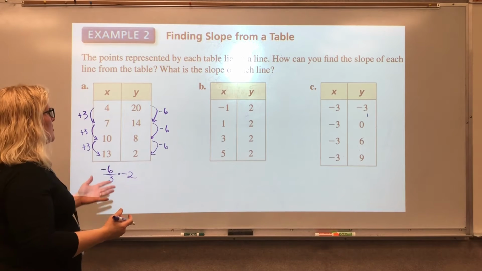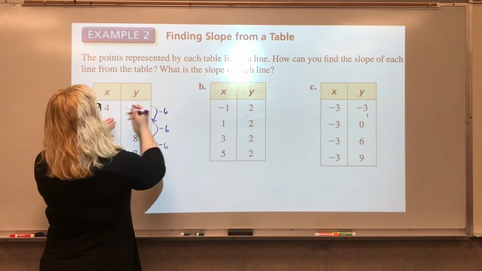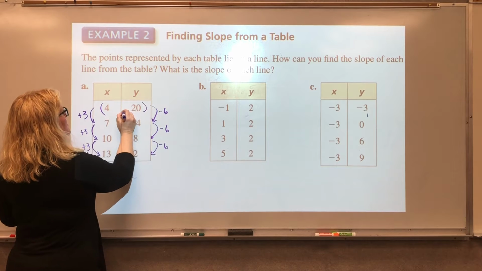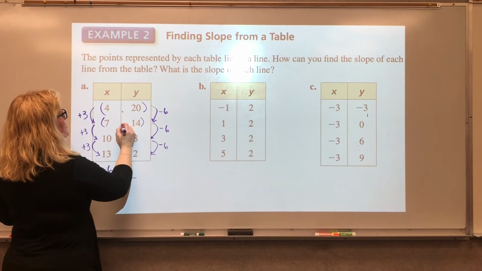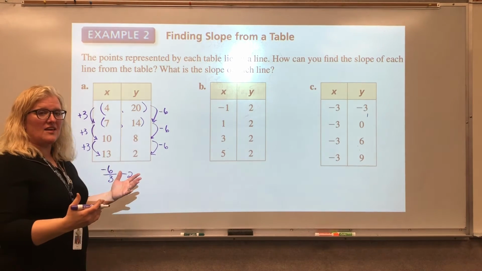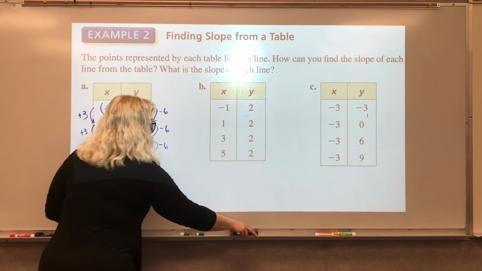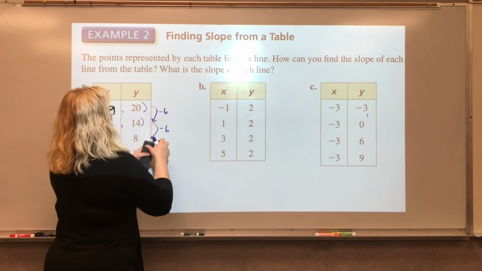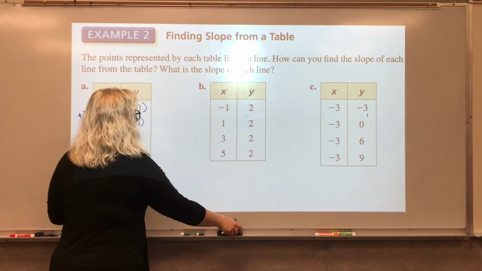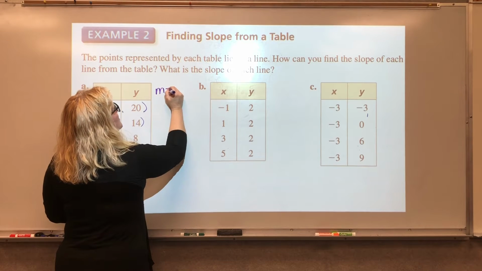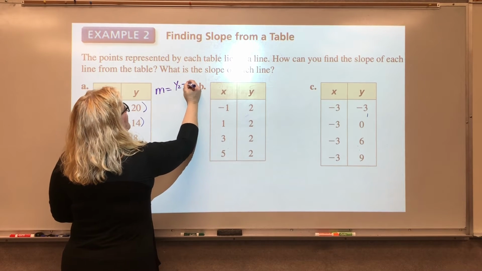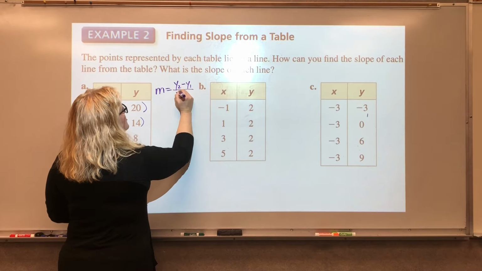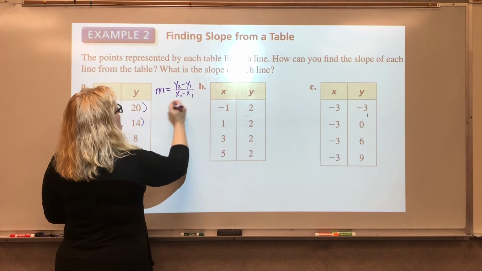Now another way that you could do this is you could take 2 points. So here's one, here's another, and let's use the formula where my slope is y2 minus y1 over x2 minus x1.